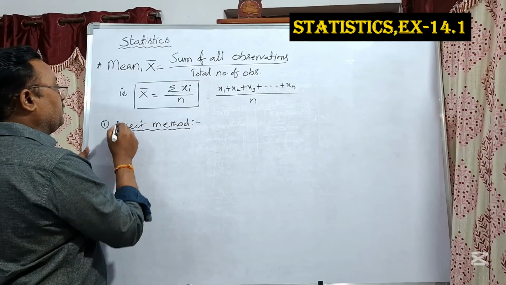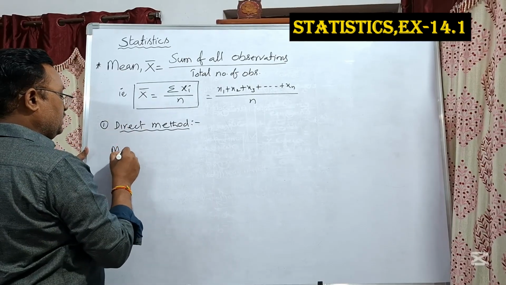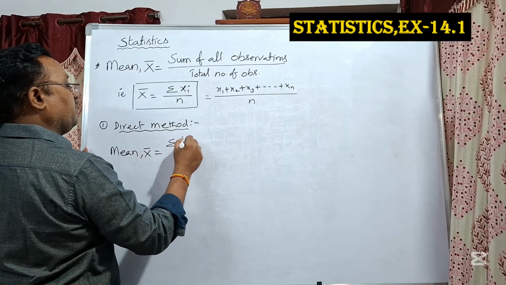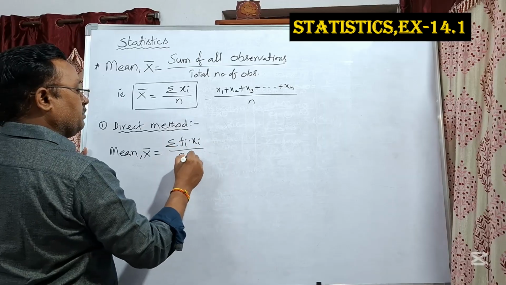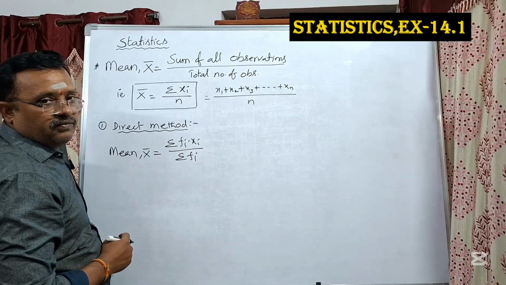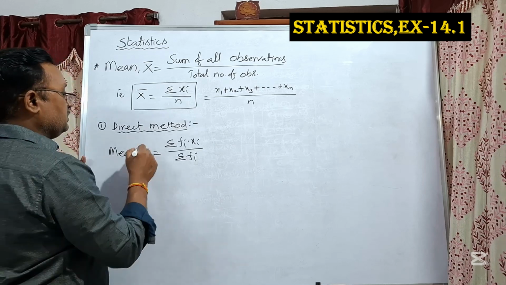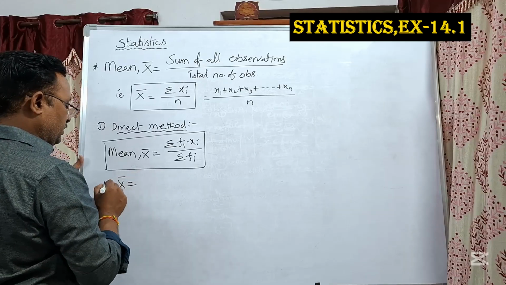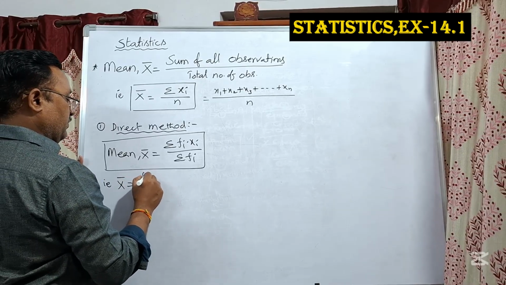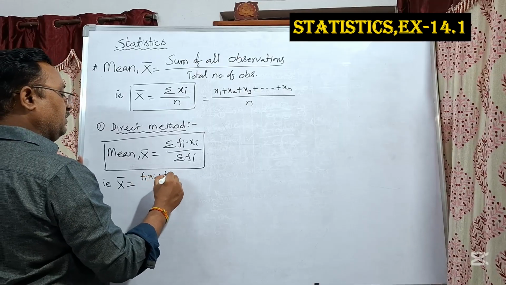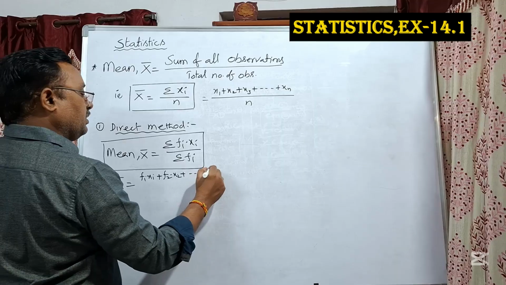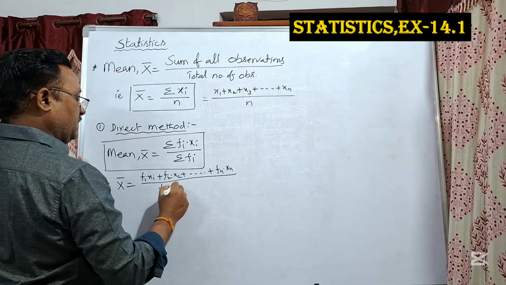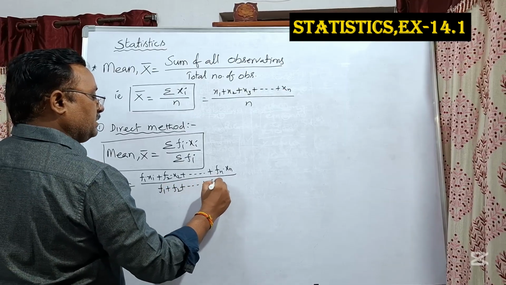From that, the formula for finding the mean is x bar equals sigma fi into xi by sigma fi. This is the main formula. It means x bar equals f1 into x1 plus f2 into x2 plus and so on plus fn into xn, divided by f1 plus f2 and so on plus fn.